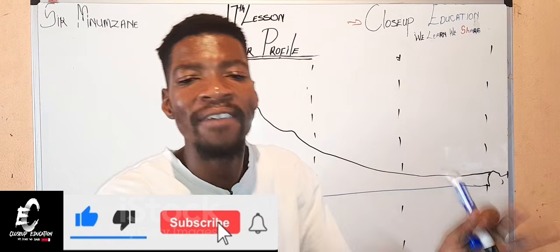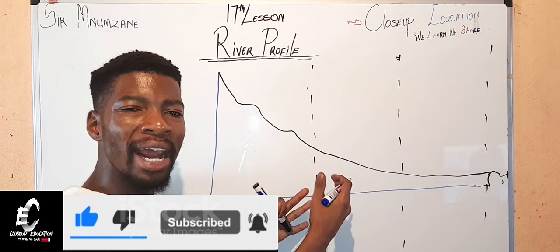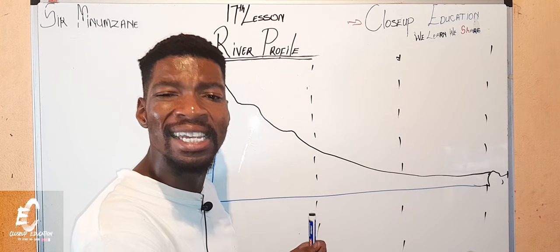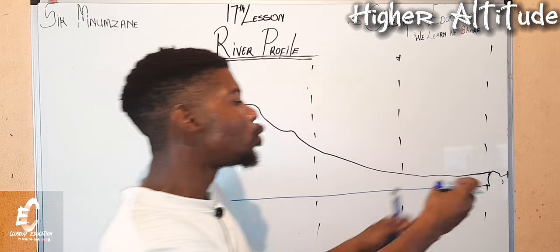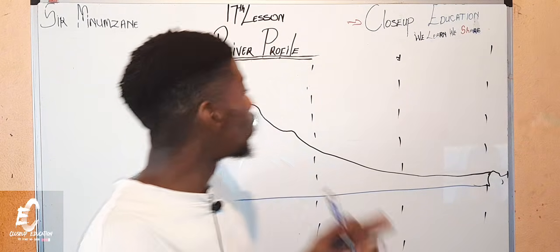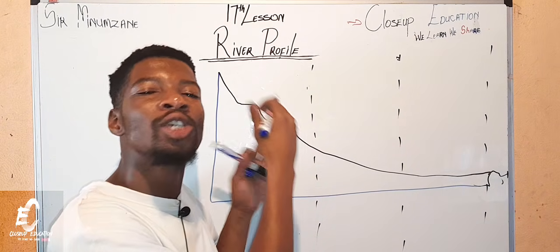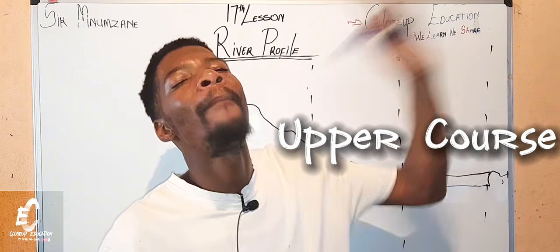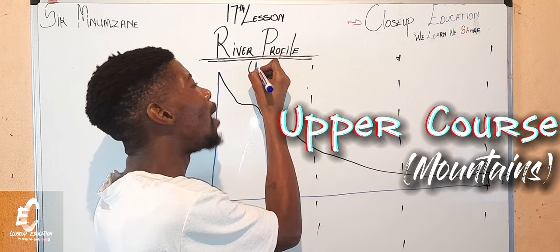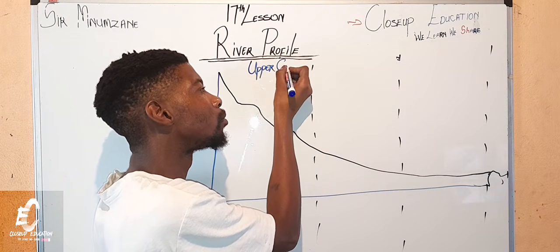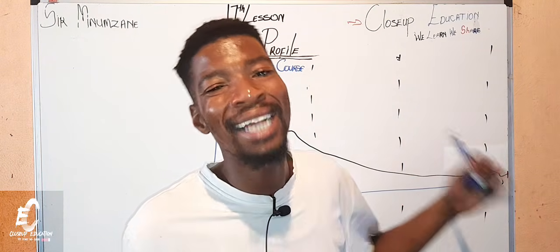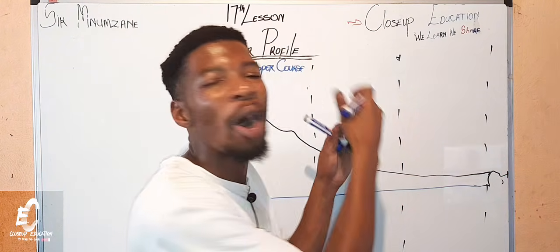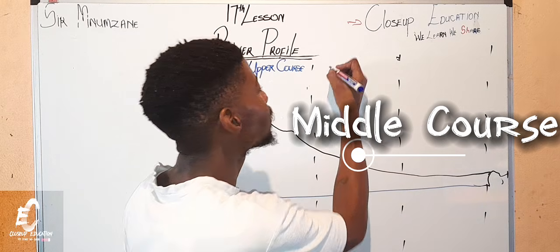When we look at our structure, we see that our river flows from a higher altitude to a lower altitude. So in the higher altitude, this is what is called our upper course. And then we move to our middle course. Yes, this is our middle course. Simple as that.